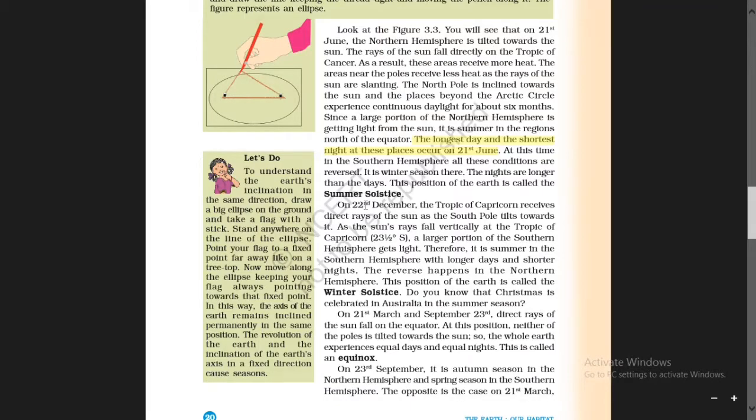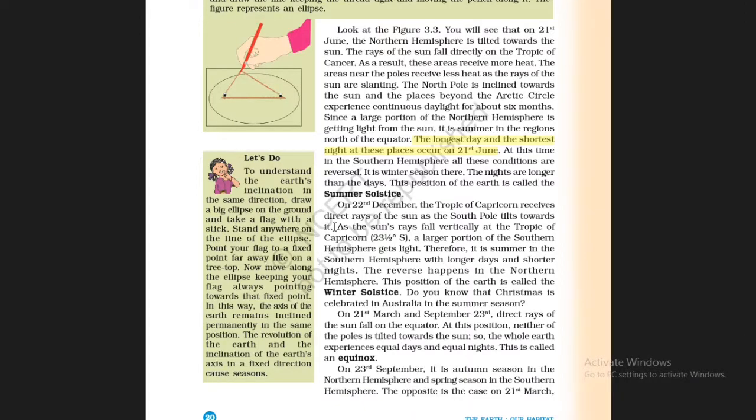On 22nd December, the Tropic of Capricorn receives direct rays of the sun as the south pole tilts towards it.